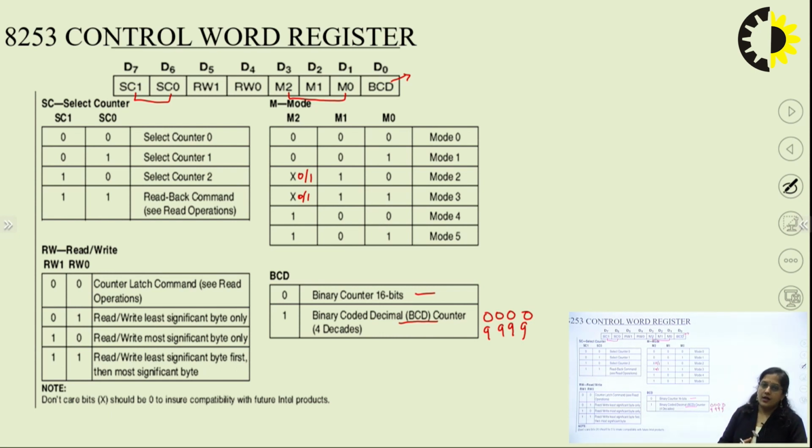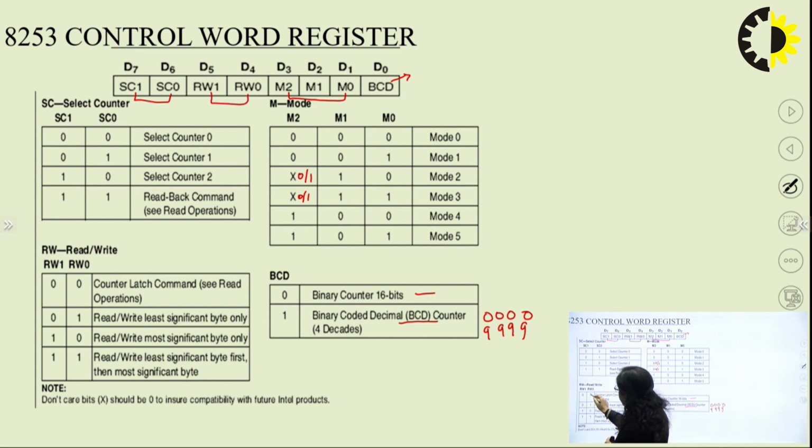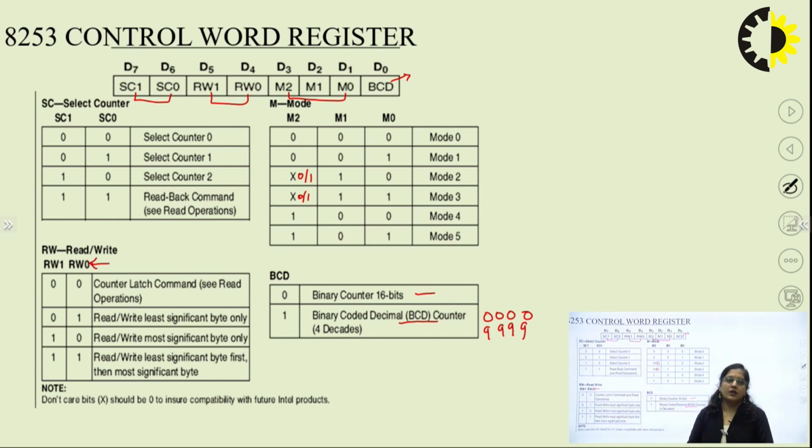As I told you, if in between the microprocessor wants to read the content of the counter, that is what value the counter is holding at a particular instant of time, then the microprocessor has to read the data from the counter, so it has to latch that data. Using D5 and D4, RW1 and RW0, these 2 bits help us to read or write the data.